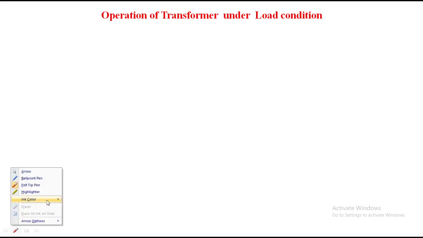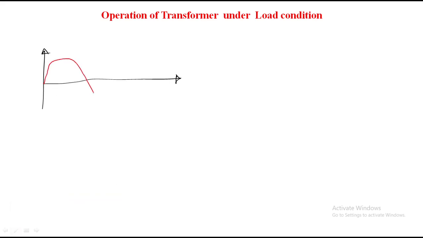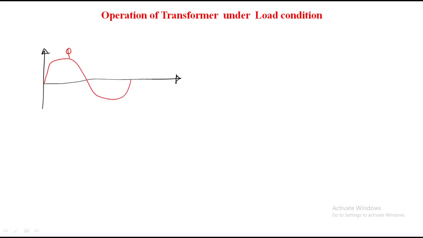That is, first I would like to draw. So this is flux. What about phi 2? Phi 2 should oppose the changes in main field flux, obviously. This is phi 2, right?